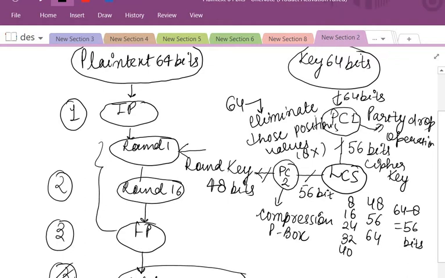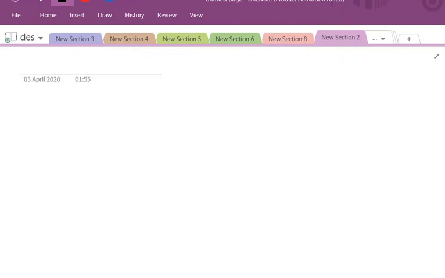And what are the procedures in the DES structure? The first one is initial permutation. The second one is the round structure, that is called the DES function. And the third one is the final permutation. In more detail, the first one is initial permutation.